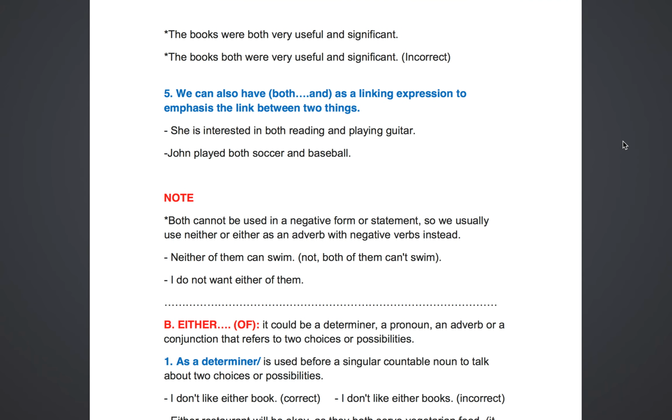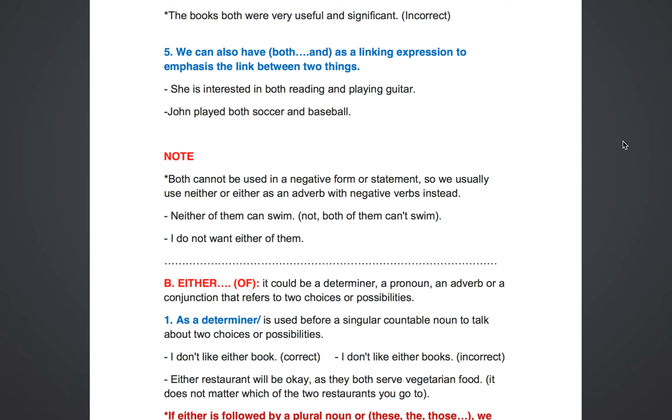You can have different prepositions or different conjunctions with both. Like here we have and, and in the previous sentences we have of with both. She's interested in both reading and playing guitar. Here we are talking about the things that she is interested in.